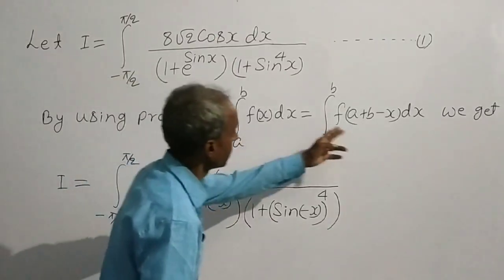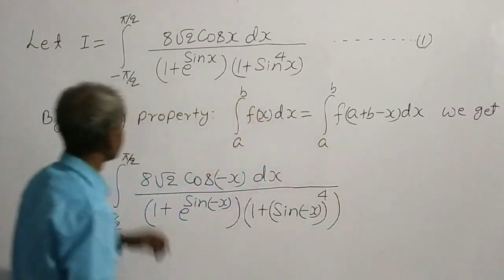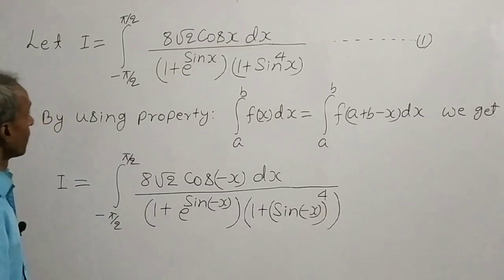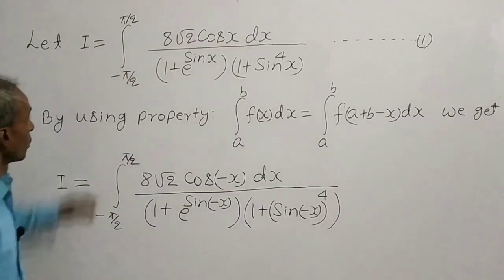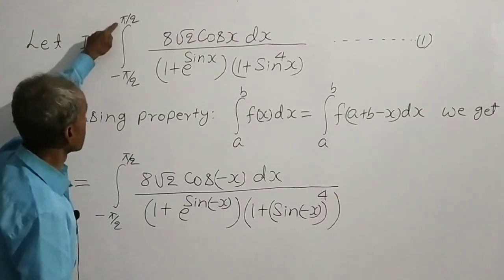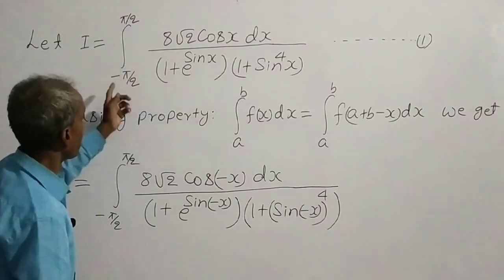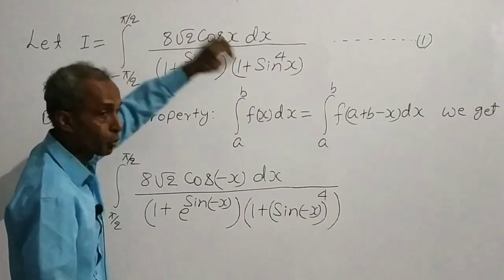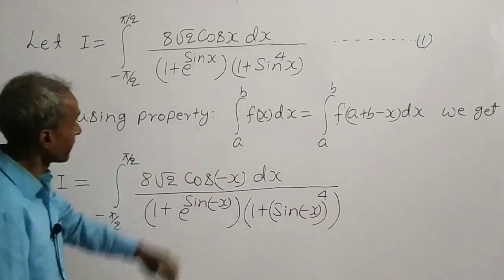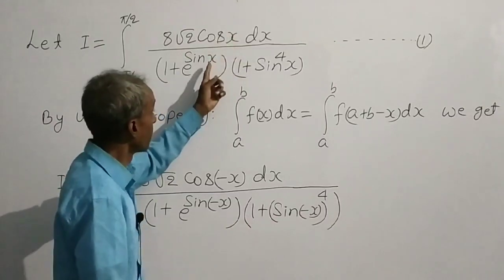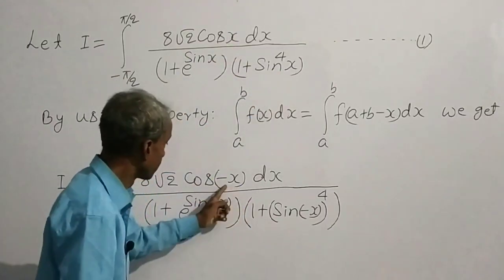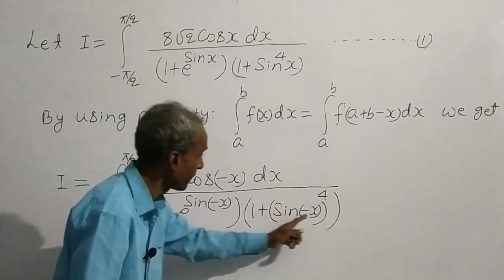By applying this property in this integral, we can write I is equal to minus pi by 2 plus pi by 2 minus x. Minus pi by 2 plus pi by 2 minus x will be minus x. Therefore, we write minus x here, here and here.